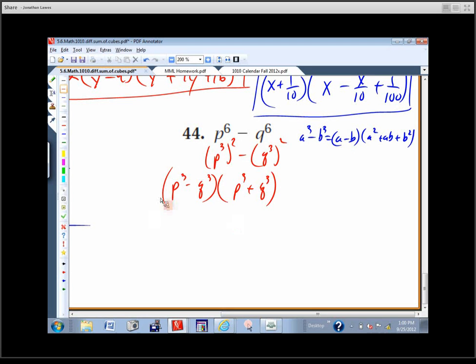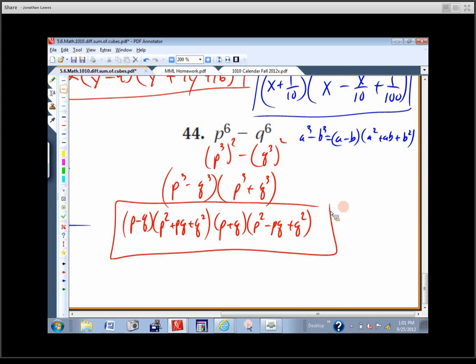Now we've got a difference of cubes and a sum of cubes, both of which can be factored. So this one factors to p minus q, then it's going to be p squared plus pq plus q squared. This one can be factored to p plus q, because that's a plus. I'm going to have a negative in the middle of this one. P squared minus pq plus q squared. And that's broken down completely.